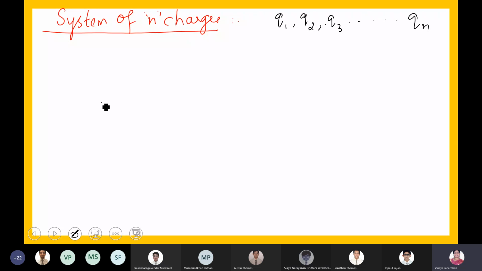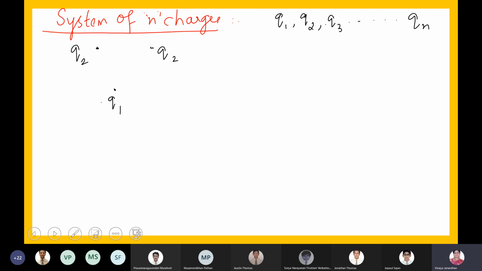Now I'll go for a rough diagram. So let me have a distribution of charges Q1, Q2, say. Wait, I'll finish the class and come. Correction: his book is not done. Correction: your book is done. You can leave.